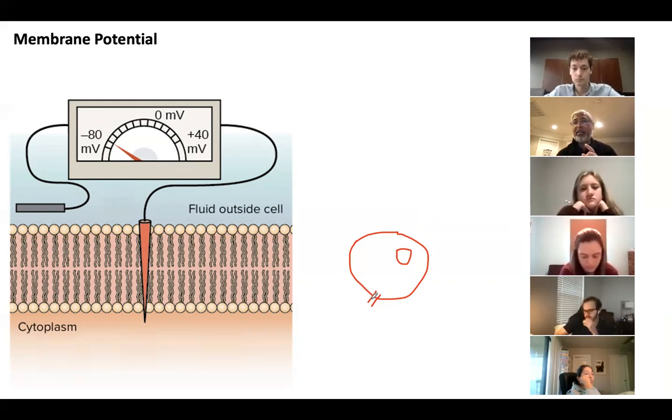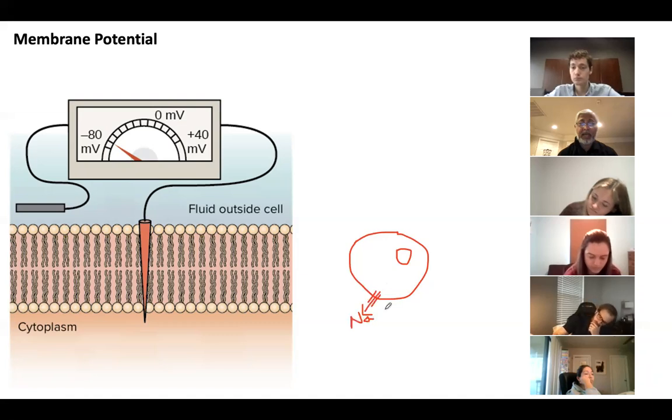Which direction it pumps is very important. This pump will pump sodium outside, and it will pump potassium in. That makes it a sodium-potassium pump, because it is pumping sodium and potassium.